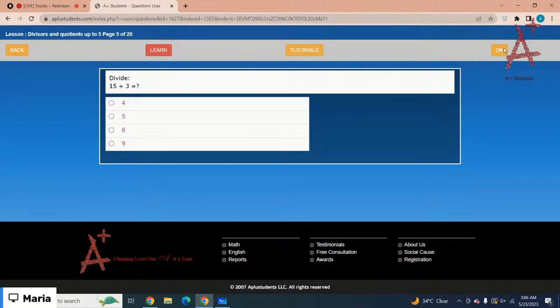Which number is the correct option? Three times 5 is 15. Got it? So the correct option is 5.